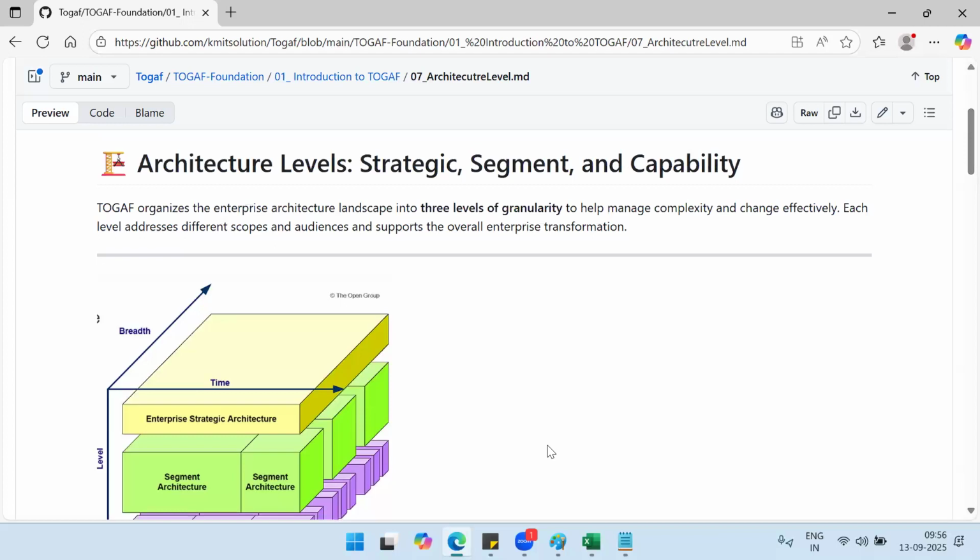So business leaders, senior executives, board members. And the output is the enterprise-wide architectural vision, principles, and strategic roadmap. And in the example, you are deciding to become a digital first bank in the next 5 years, investing in cloud, AI, mobile banking. So this will be a strategy.